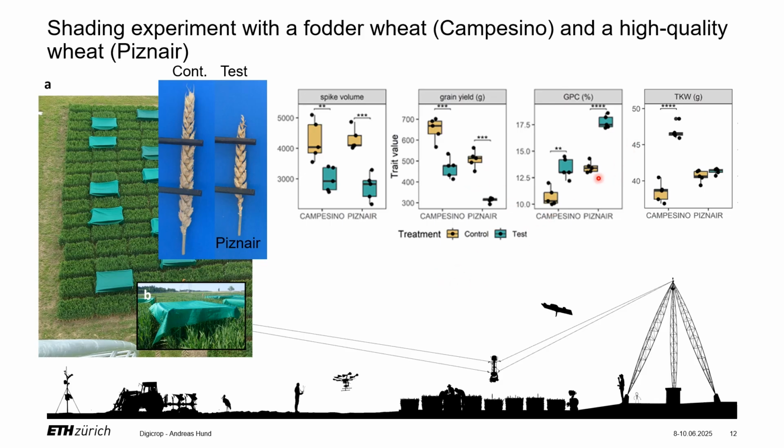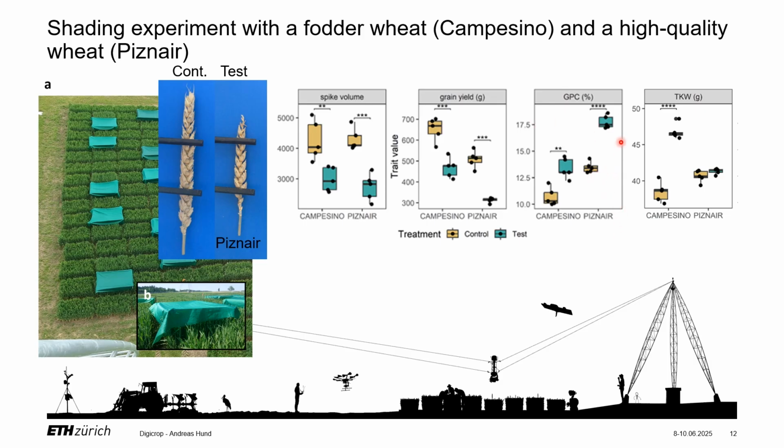And you can also see that the grain protein content, so GPC in percent, was going up for both wheat types, of course, more for the bread wheat. And that was really reaching scary high numbers of almost 18%.